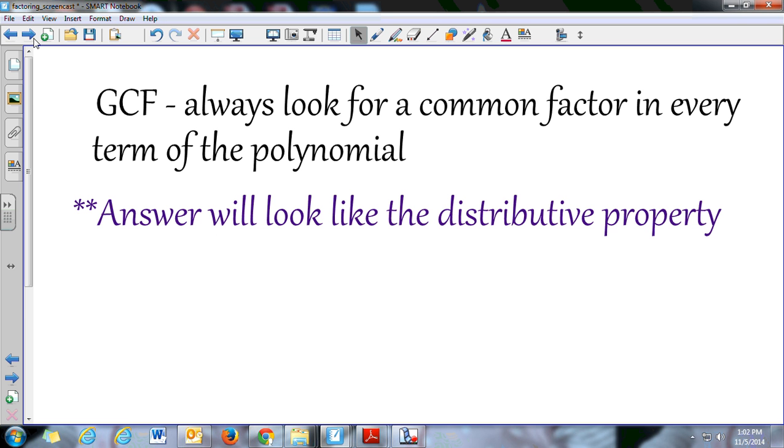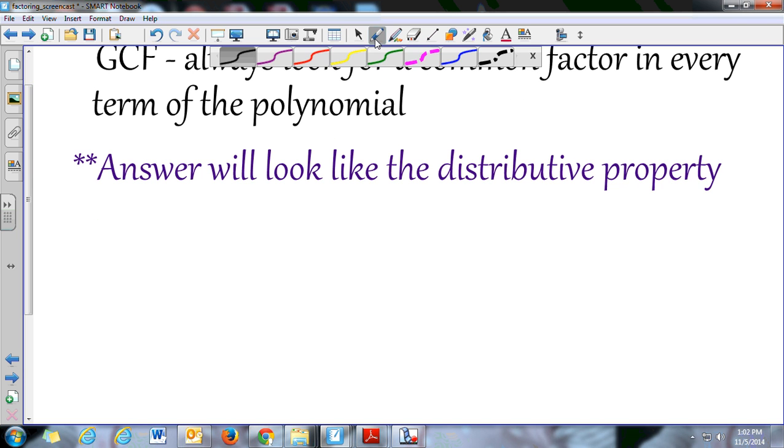So to start off, GCF, always look for a common factor in every term of your polynomial. When you factor that out, your answer should look a lot like the distributive property. For example, if we've got something as simple as 3x plus 12.